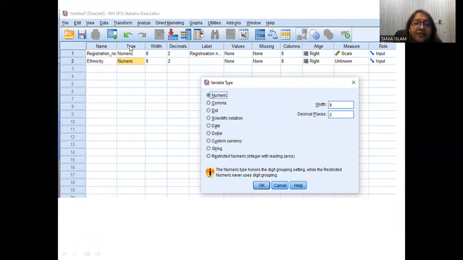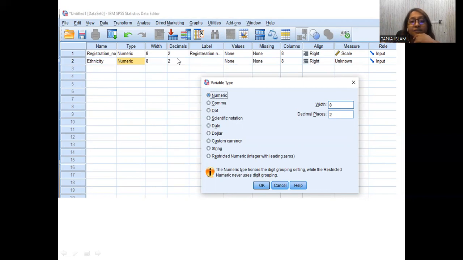There is another thing for the variable types: it automatically selects numeric, okay. But sometimes if you want to put a date, like June 6, 2022, or different dates of birth, you can select date and then it will appear in a different way, okay. So this is another thing.